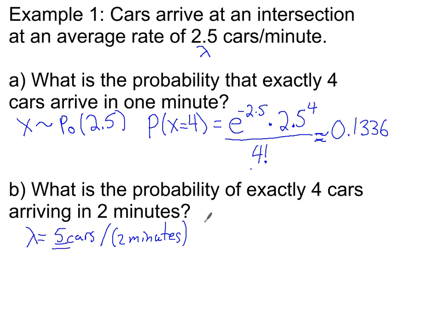And so again, x is a Poisson distributed variable. Tilde just means follows a distribution. The new mean, because we're dealing with 2 minutes, is 5. And so the probability that x is 4 is the exact same thing, only replacing the lambda with 5 instead of 2.5. So there we go.